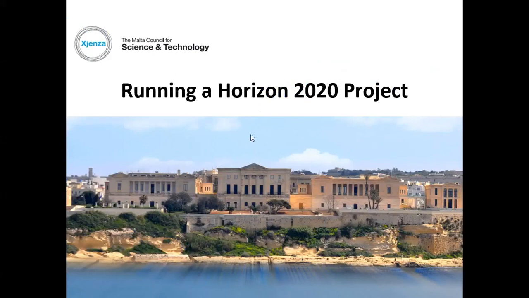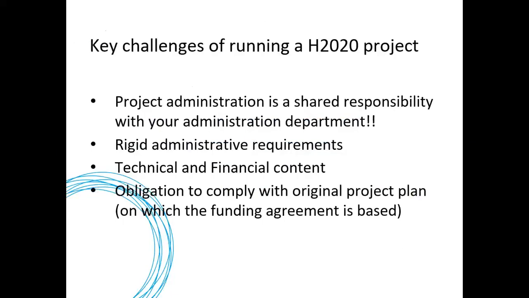So, running a Horizon 2020 project: what are the key challenges which you encounter when you are running a Horizon 2020 project, and why is this important? First of all, you have to remember that project administration and project management is a shared responsibility with your administration department.